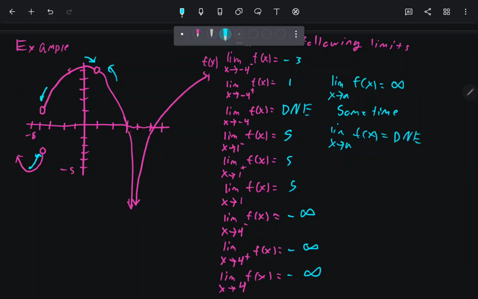And this is actually equally true, because f of x is not really approaching an actual value or a real number. Infinity is not a real number. And that is something you have to understand for limits.